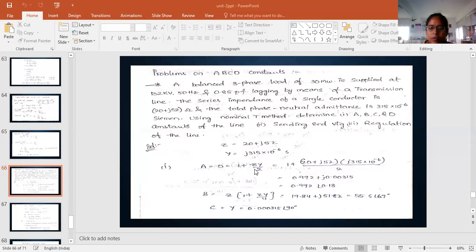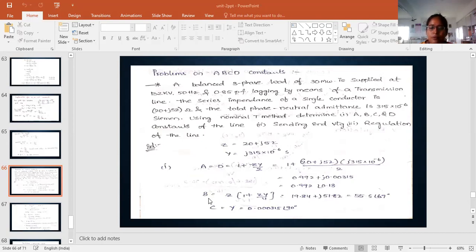So A equal to D equal to 1 plus ZY by 2 equal to 1 plus, with the Z value 20 plus j52 substituted, and the Y value j into 315 into 10 power minus 6. Substituting, we get the value 0.992 plus j0.00315. This is the value for A and D, so A and D values are equal. Converting from complex to polar, that value is 0.992 at an angle of 0.18.